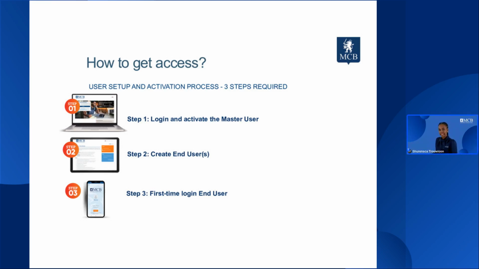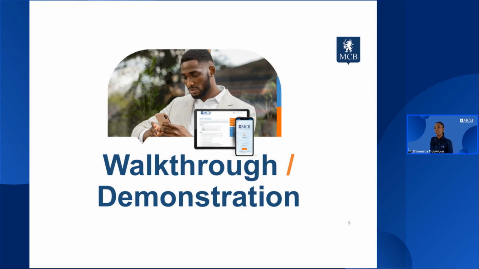And then once that is done, they will go to step 2. Step 2 is to create the end user. So here you would have to log in on your master user, and then follow the steps to create your end user. And then finally, step 3, that is the first time login with the end user. So now we will be going through a demonstration of how this is done.